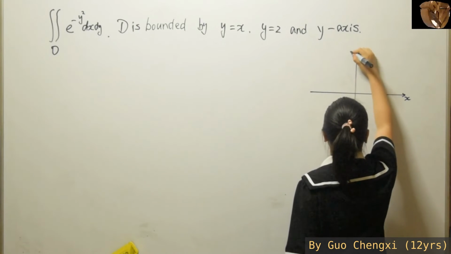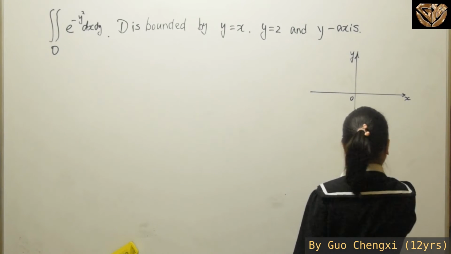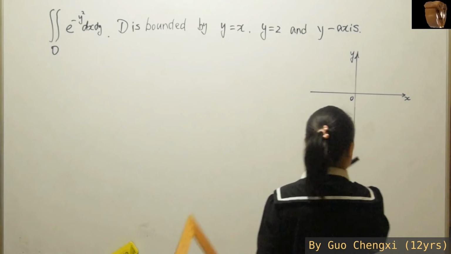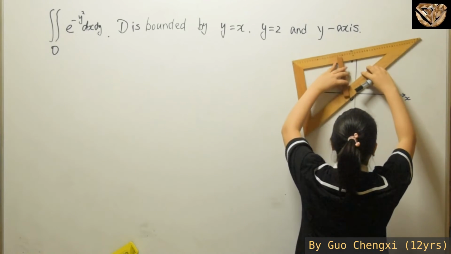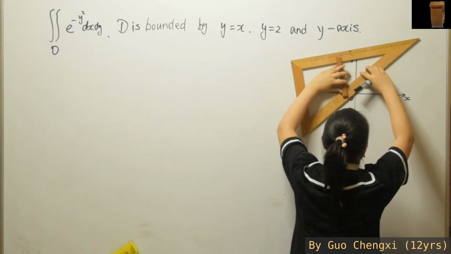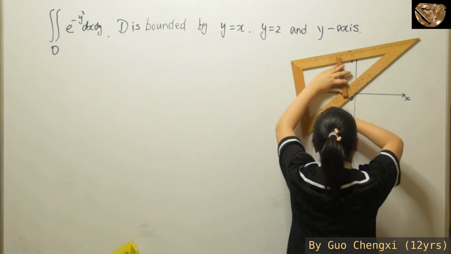And then we also have y. So for our first line is y equals to x as we intersect through the 0 point.